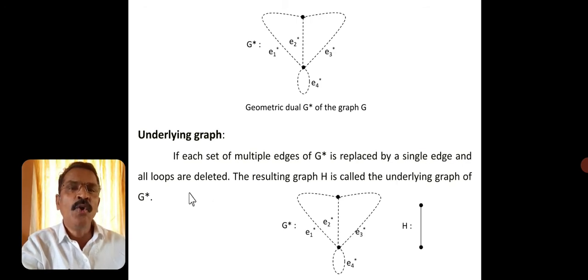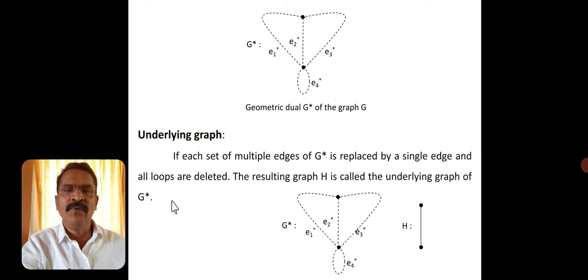And all loops are deleted. So this is the loop; you have to delete all loops, so you are not considering any loop. After that, the resulting graph H is called the underlying graph of G star. What is G star here?